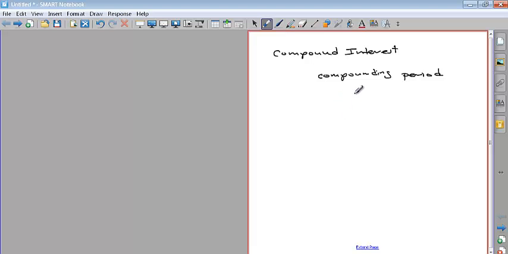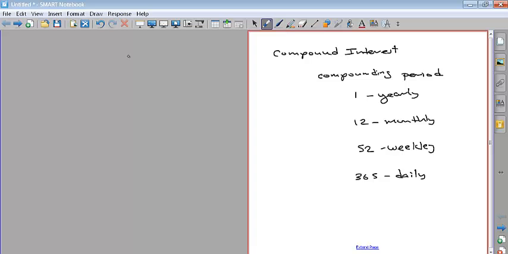If it was yearly, that means the compounding period is once per year. If it was per month, there'd be 12 for monthly. There would be 52 for weekly, and there would be 365 for daily. And then you can also have continuous compounding.